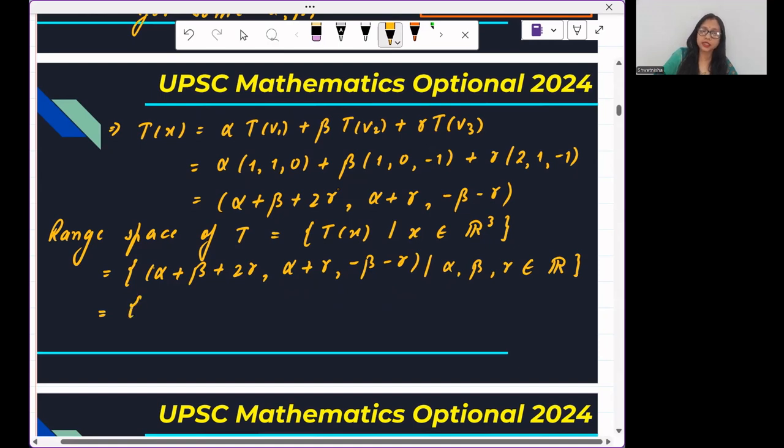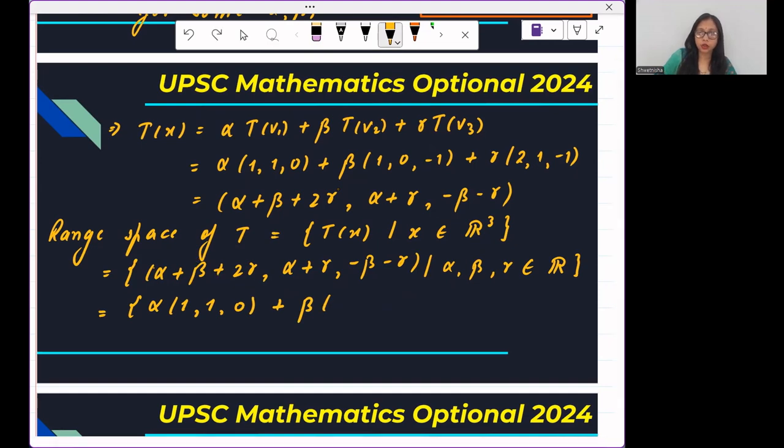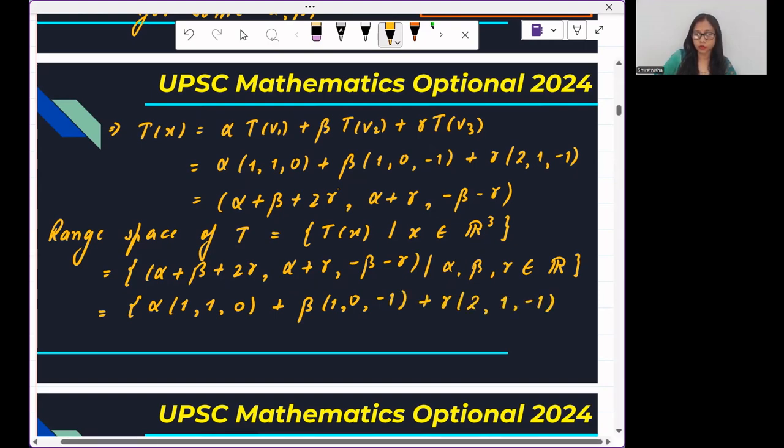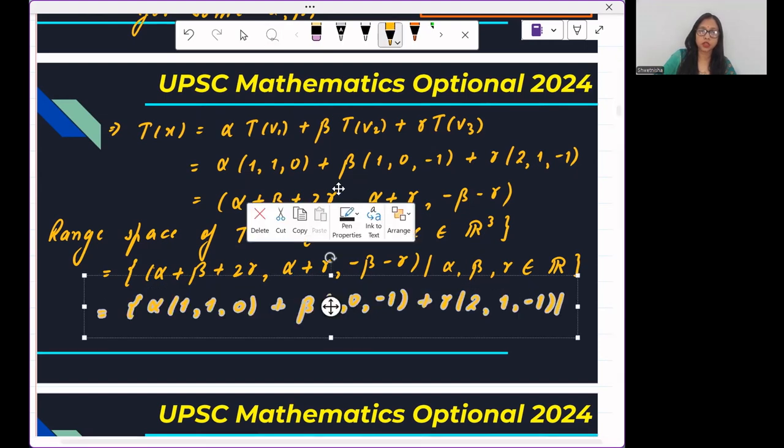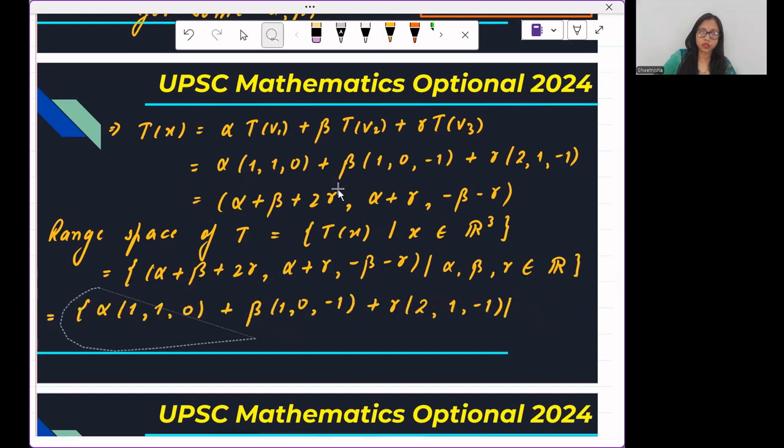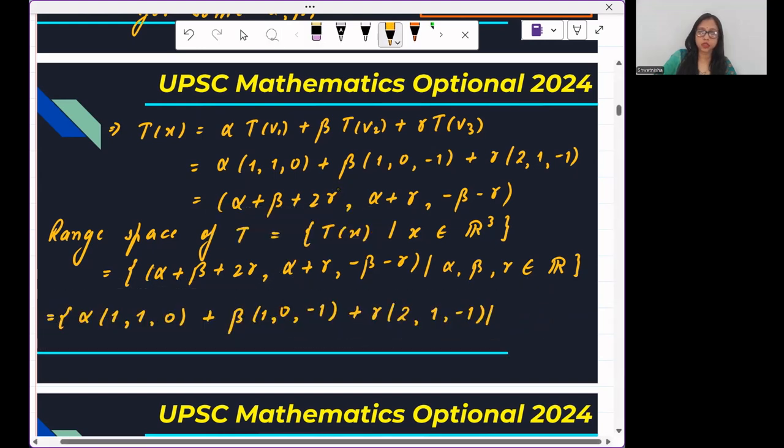I can write it as a linear combination. All the vectors here can be written as alpha times (1, 1, 0) plus beta times (1, 0, -1) plus gamma times (2, 1, -1), such that alpha, beta, gamma are real.